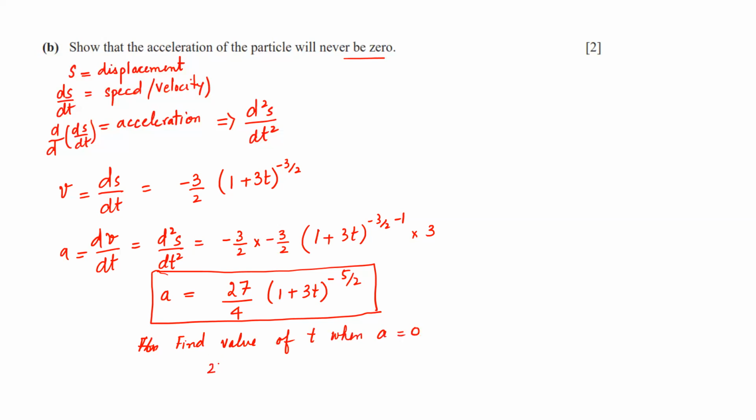This makes us do 27 by 4, (1 plus 3t) power minus 5 by 2, and make this thing equal to 0. Okay, so what we get is (1 plus 3t) power minus 5 by 2 is equal to 0.